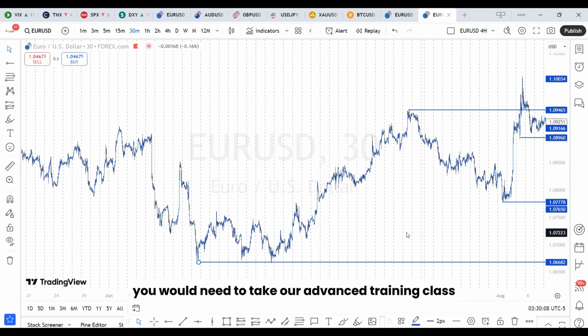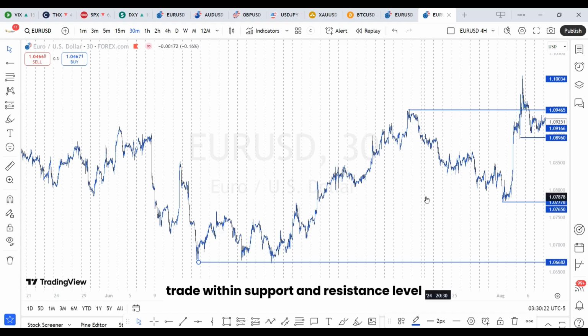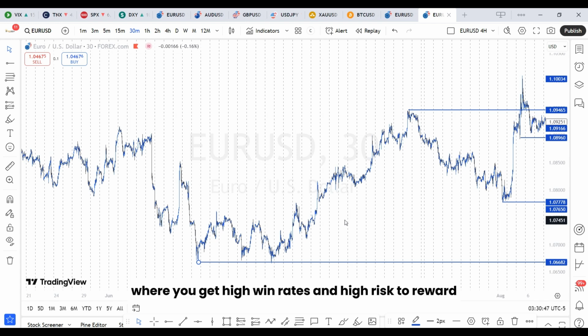You understand how you can trade within support and resistance levels, through supply and demand levels, and get high win rates with high risk to reward. Here we're only having 1:2 risk to reward. If you want to move to 1:5, 1:10 risk to reward, you should take our advanced course where we teach you advanced technical analysis techniques.